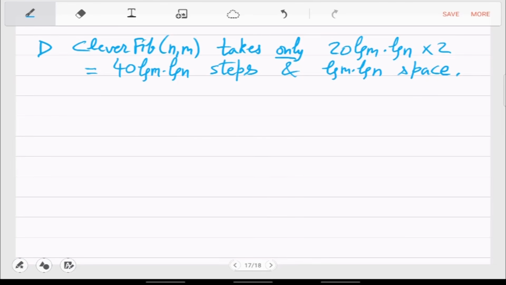But both these values are extremely small. This is a super fast and very small space requirement. Log m you can ignore because it's just 11. So both of them are just log n time and log n space.